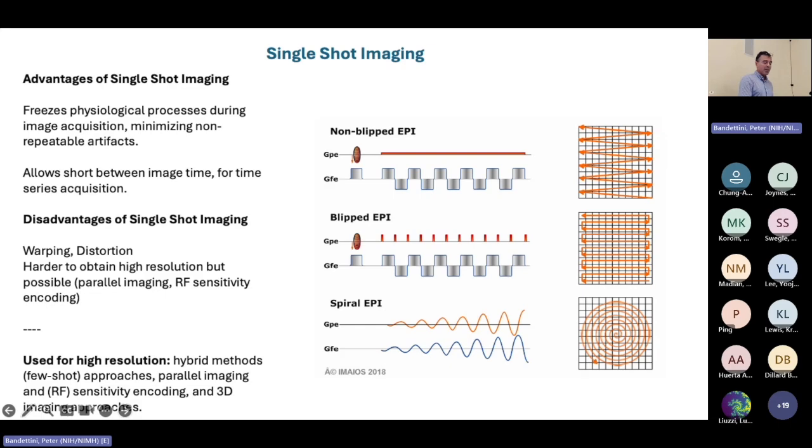So the edges have high frequency, the center is low frequency, and there are different ways of going through it. How your image looks depends very much on how you go through the K-space, not only how it's filled up, but how you actually traverse it. So we use single shot echo planar imaging because we're able to fill up this K-space, this raw data space, in a way that freezes all physiologic motion.